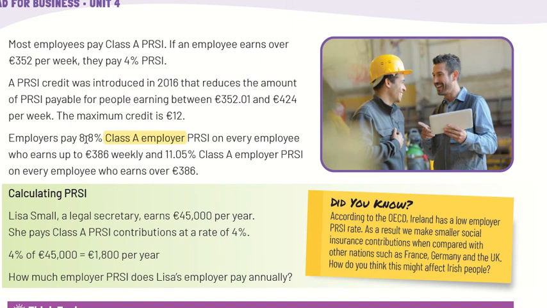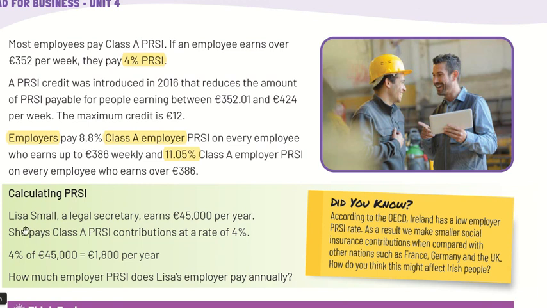Whereas if they earn more than that, the employer pays the higher rate of 11.05%, as well as the employee paying their 4%. So just be aware there's a lot of money that goes into paying PRSI, and you can see why, from an employer's point of view, every employee they take on can be very expensive.